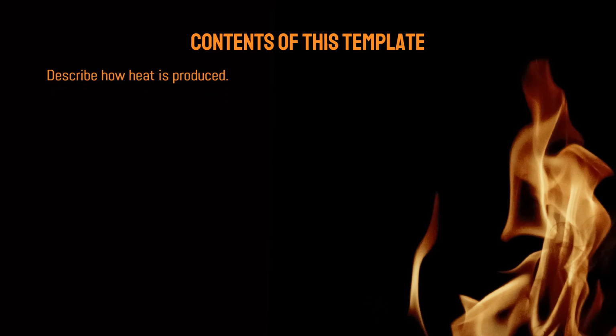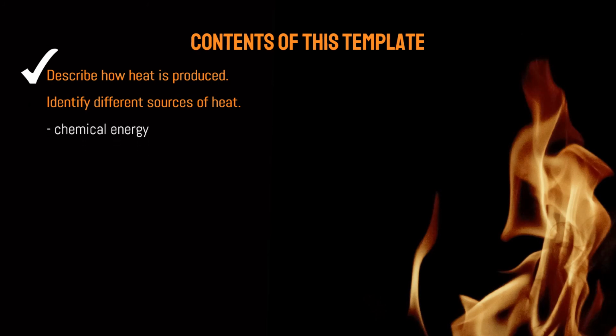That's it for today. How is heat produced? Heat is produced when the temperature of an object rises and it becomes hot. Heat energy comes from different sources, such as chemical energy.